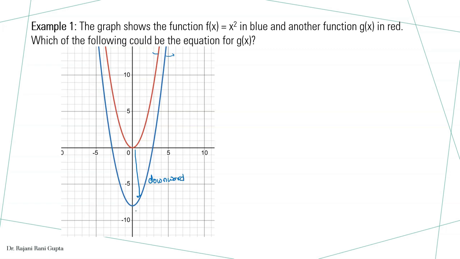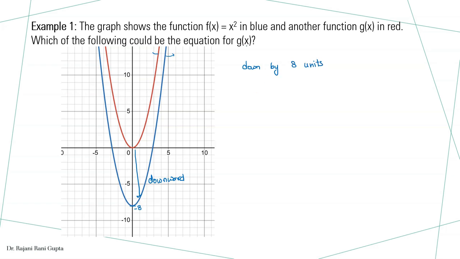Okay. By what number? It reaches here. If this is 5, it means each unit stands for 1 unit. So 5, 6, 7, 8. This is 8. Minus 8. The point is minus 8. So what you see here, the graph moved down by 8 units.